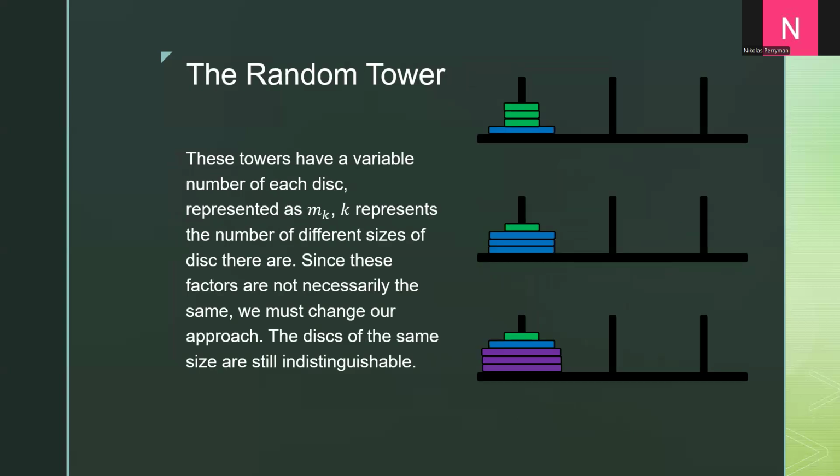Now, the random tower, as I'm calling it, where each disk size can have a different number of disks, is definitely not as simple. While the disks are still indistinguishable, there isn't a pattern that applies to all towers, no matter what.